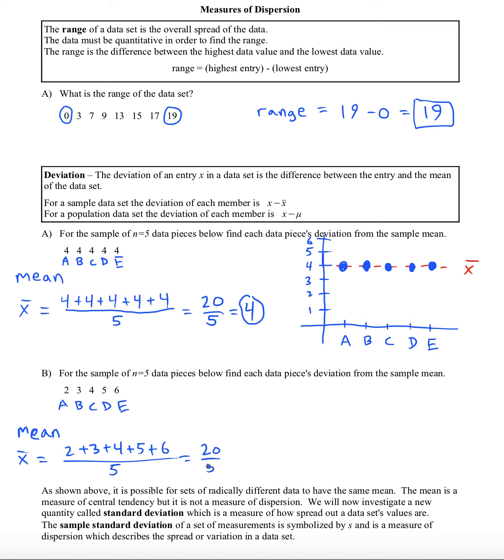Once again, we get 20 over 5, which is 4. So interestingly, both of these data sets have the same mean, but they are not the same. One of them is a little bit more spread out than the other.